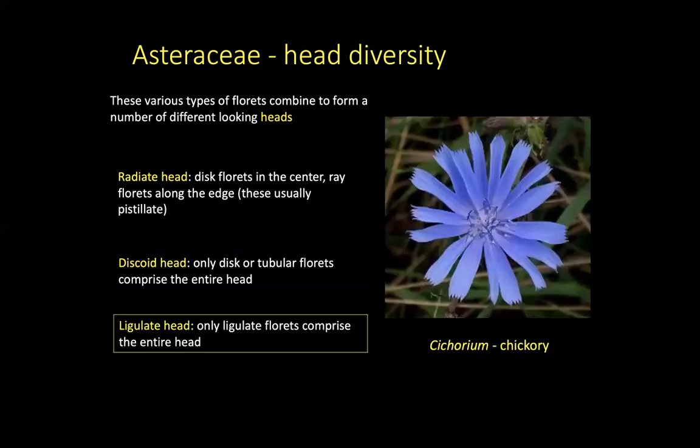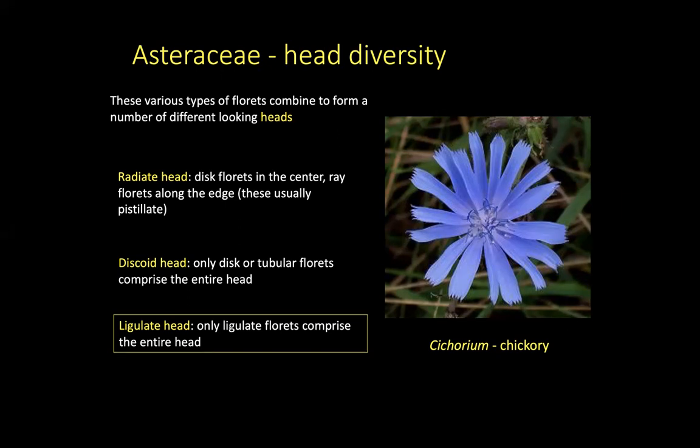That's a discoid head. And then finally, kind of the opposite of that are ligulate heads, in which the only type of floret are ligulates, where you have that long strap of all 5 petals long, not a 3+2. And that's the only kind of floret you have. So all of this kind of fluff down inside here, what you're looking at, again, are going to be those little bunny ear styles sticking out there.